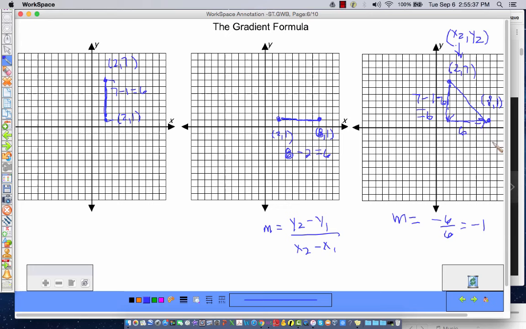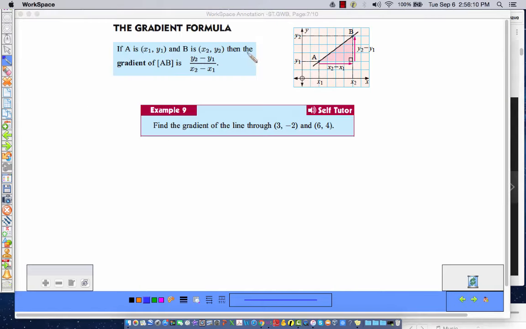And this right here, the 8, 1, was x1, y1. Then the slope would equal y2, 7, minus y1, 1, so that would be 7 minus 1, over x2, which is 2, minus x1, which is 8, so 2 minus 8. So that's equal to 6 over negative 6, which we know is equal to negative 1. So that gives us the slope formula.